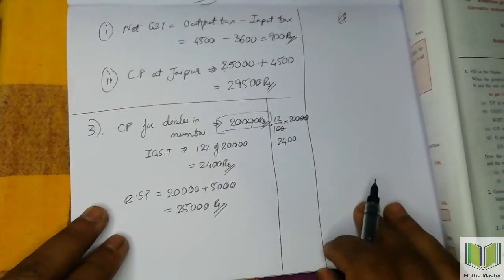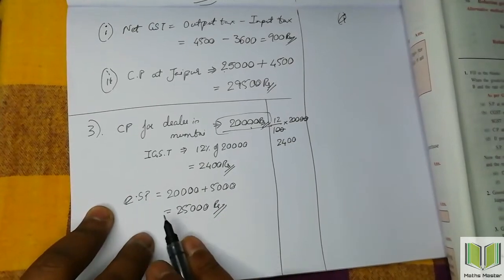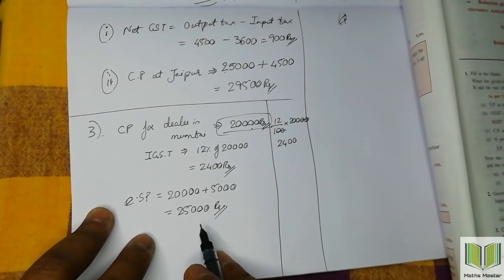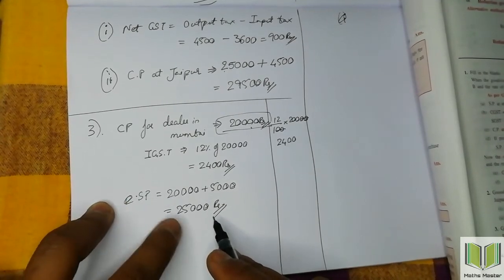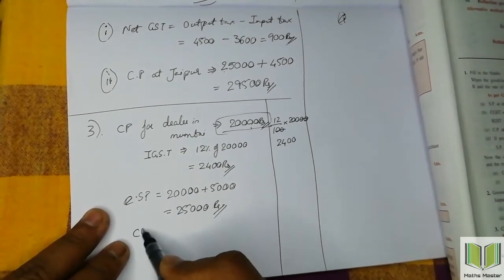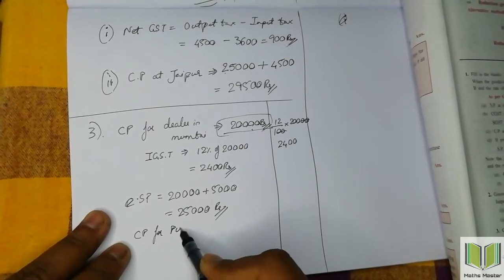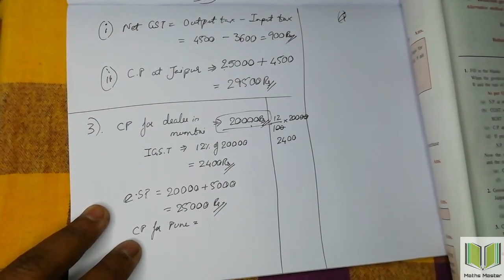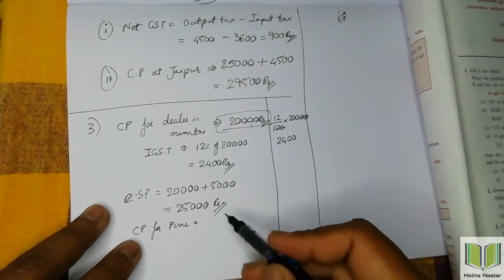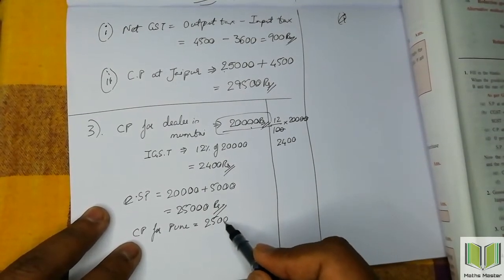Okay. So if the selling price is 25,000 rupees, find the net GST paid at Pune. Now, if the selling price is 25,000 rupees, the cost price for the dealer in Pune will be equal to 25,000 rupees.